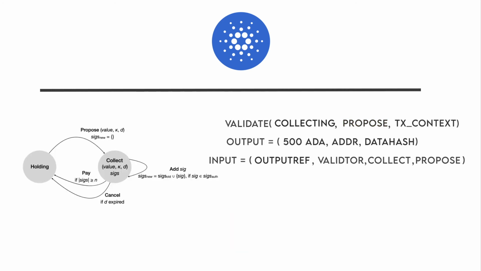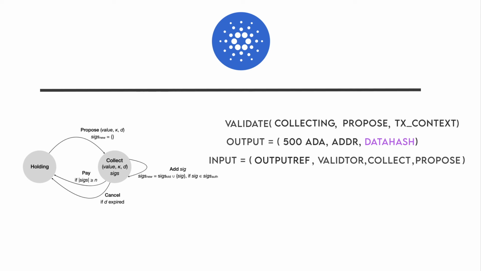Now let's walk through how we validate an input in a transaction. For each input in a transaction, we will look up the output we are trying to consume. We see that our multi-sig contract is holding 500 ADA at a certain address, and we also have a hash of the smart contract's previous state. We must inspect the previous state and determine whether the consuming transaction is making a valid change.